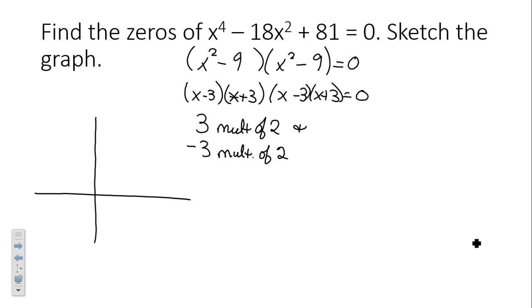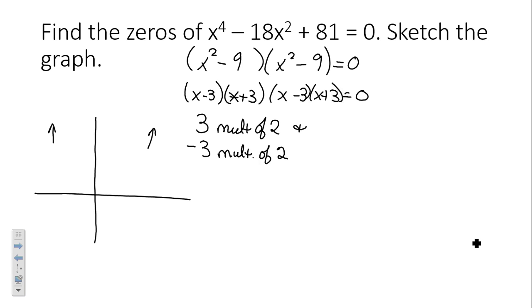You know this stuff, guys. What's it going to look like? Rising or falling on the right? Okay, rising or falling on the left? Why is it rising? Fourth power, it's even. Okay, so rising on both sides.